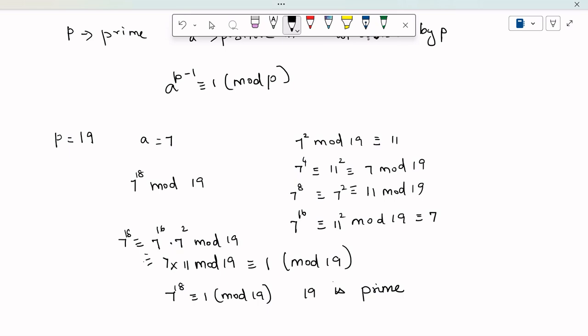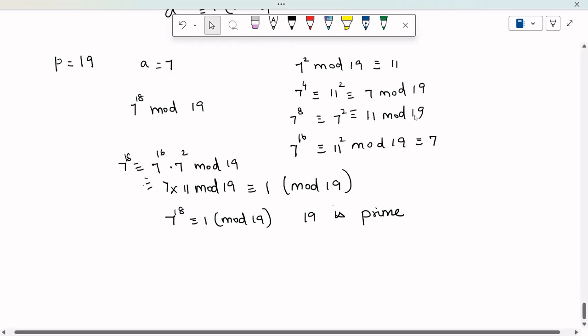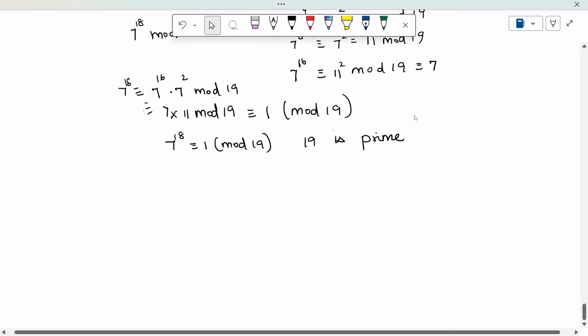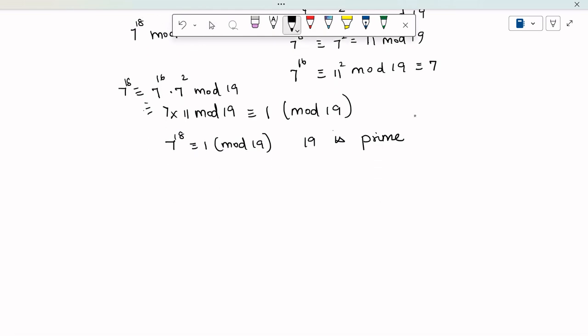Next we can move on to the discussion of Euler's theorem. Before dealing with Euler's theorem, we should have an idea of Euler's totient function. In Euler's theorem, we will be using this function, which is represented by phi of n.